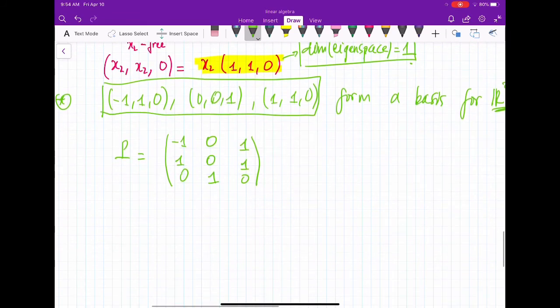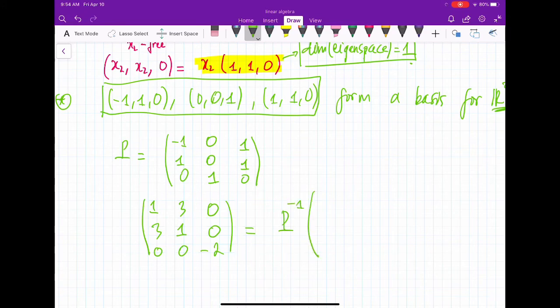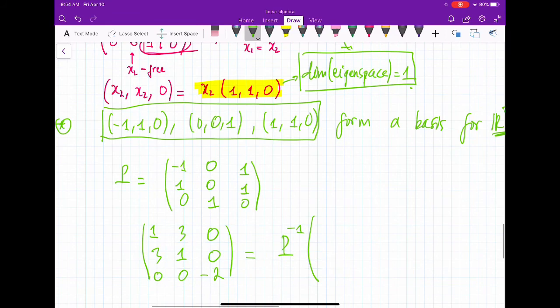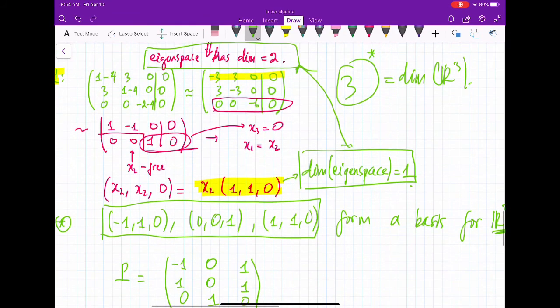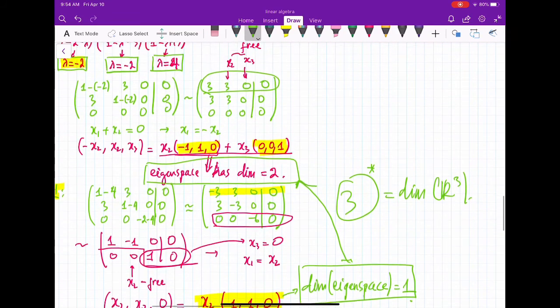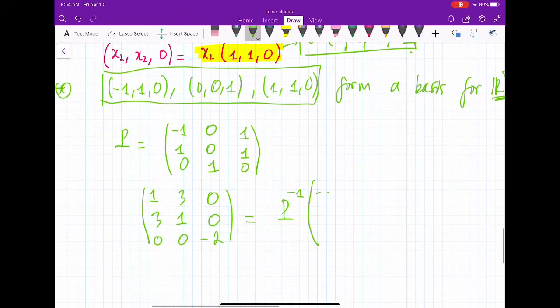And let's verify that actually A, which is 1, 3, 0, 3, 1, 0, 0, 0, negative 2, is equal to P D P inverse. The diagonal matrix D will be negative 2, negative 2, and 4, right?